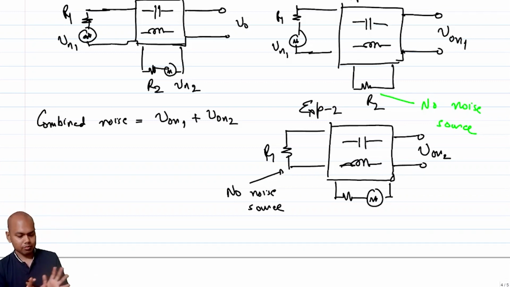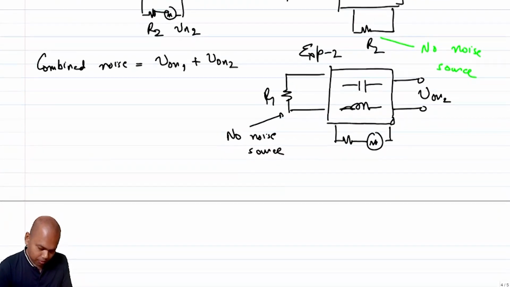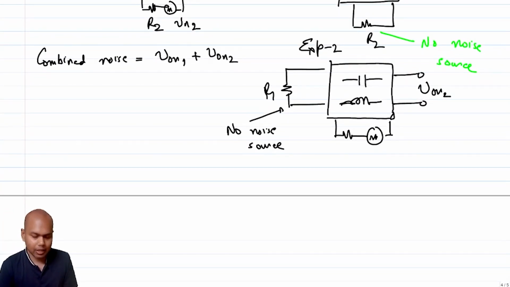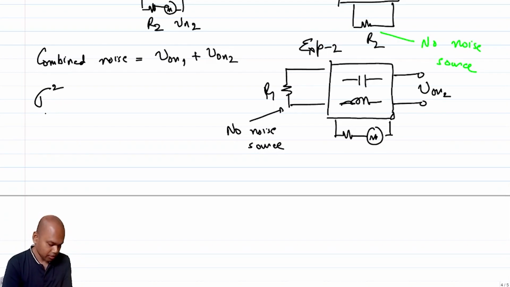Right now we are doing this experiment in the time domain. Now if I have to find out the root mean squared noise, or rather the mean squared noise, because ultimately that's what we are interested in, the mean squared is basically sigma squared VNO.